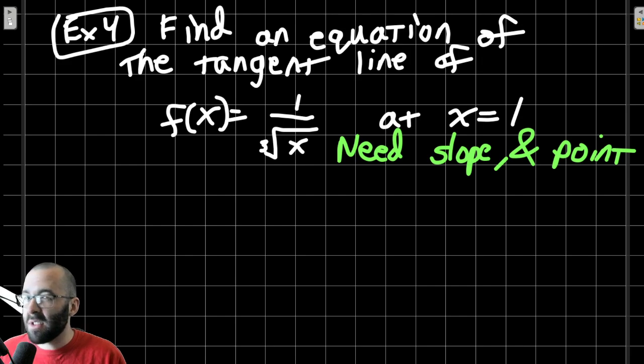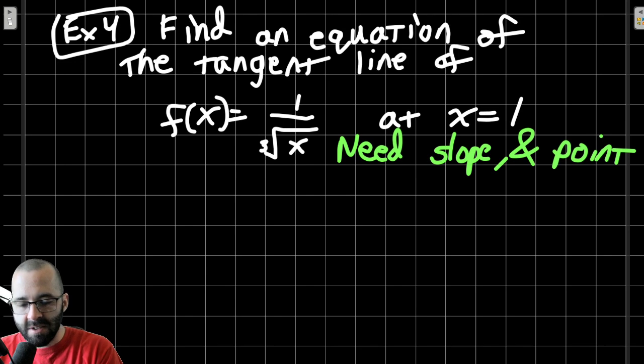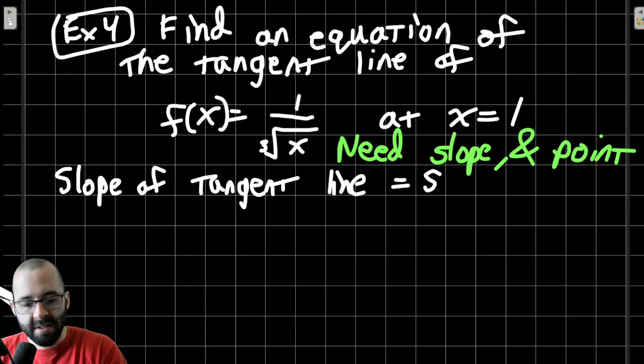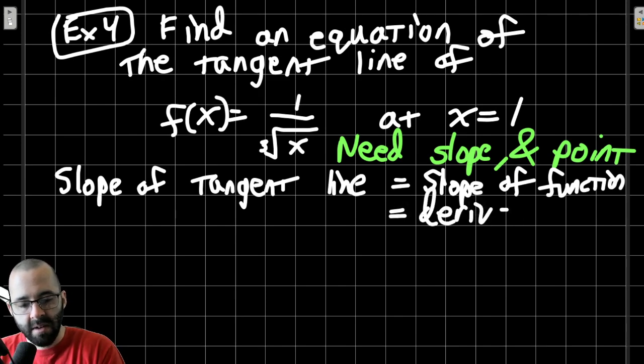Well, how do we find slope? Slope is derivative. The slope of a function is the slope of the tangent line. So it's all connected. So let's just comment on that right here. Slope of tangent line is the same as the slope of the function, which is the same as the derivative.